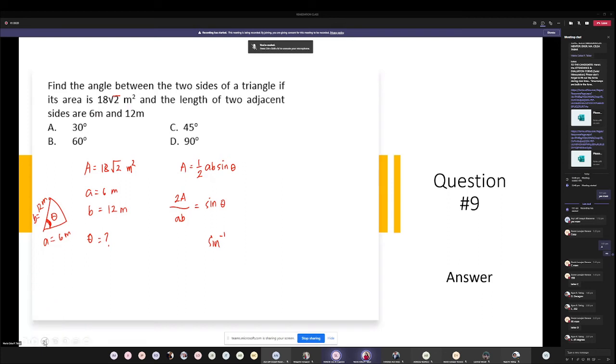To solve for the value of the angle, we need to get its arc sine. So it's arc sine of this value on the left side. So arc sine of 2A over AB is equal to theta. I hope your trigonometry skills are okay.